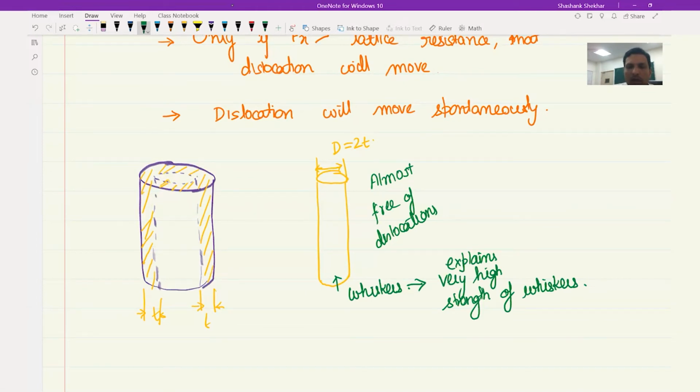Now we will try to get a feel of the numbers by looking at one example.